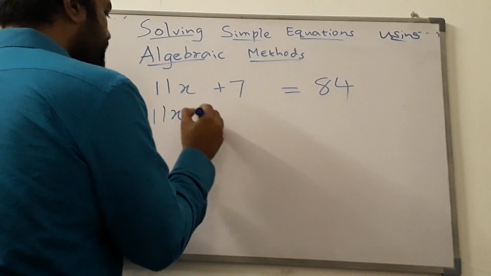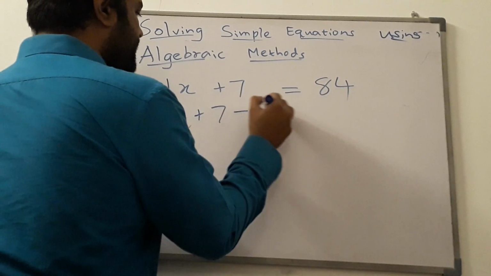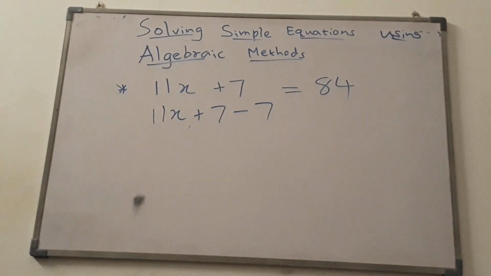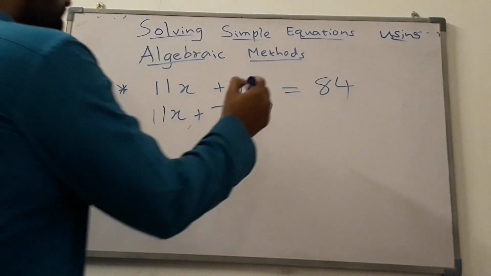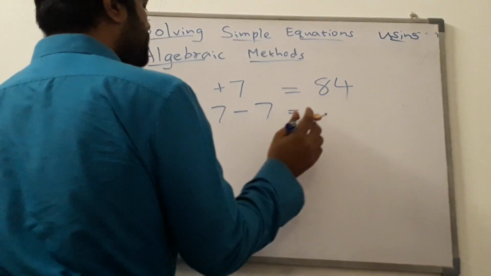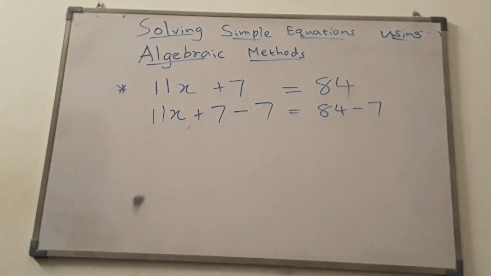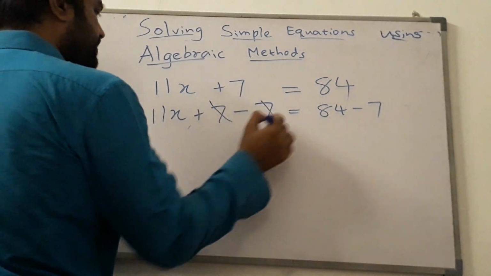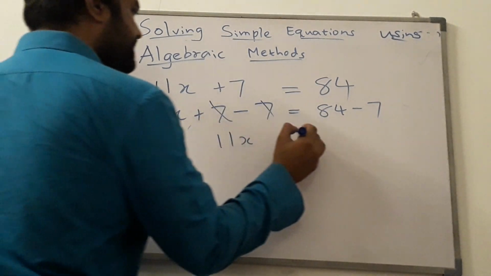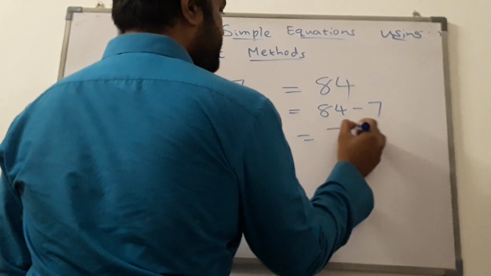So what we have to do is subtract 7 from plus 7. If we subtract 7 from the left hand side, we have to do the same thing to the right hand side. So 7 and 7 cancel. 11x equals 77.